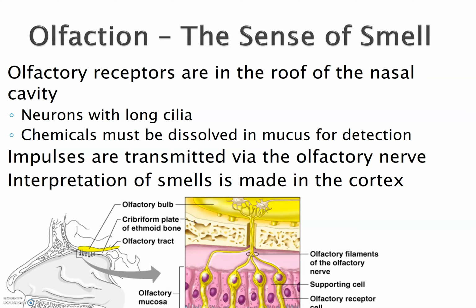So olfaction is the fancy way to say smell. Now here is cranial nerve number 1, the olfactory nerve. And there are these bipolar cells sticking down. And what happens is you smell something, let's say vanilla, and that binds to a certain combination of receptors.